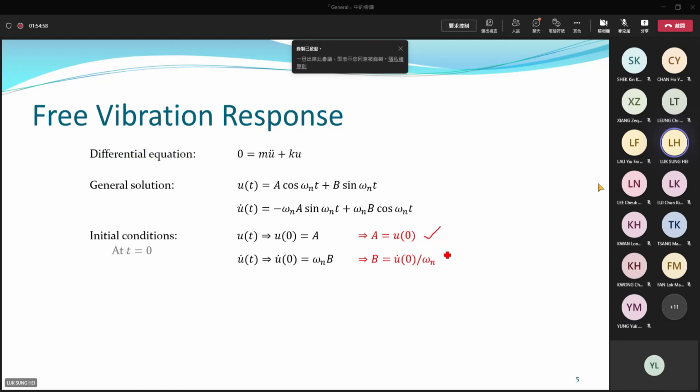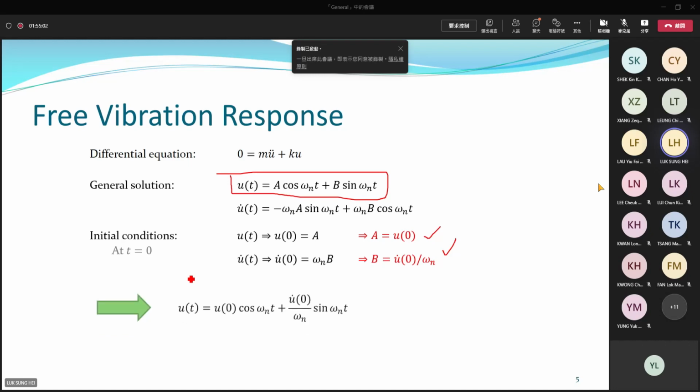Put them back into our general solution. That becomes the solution of our differential equation.